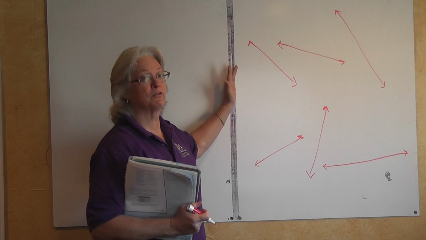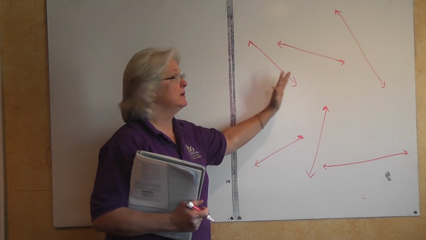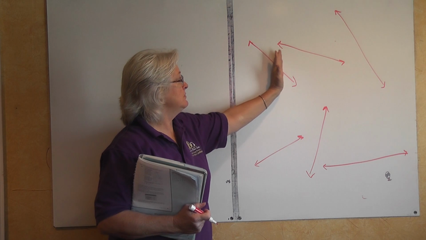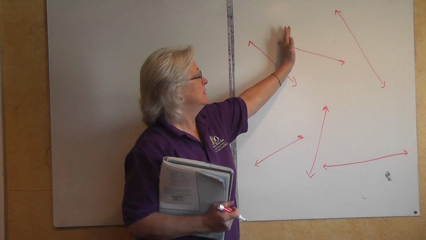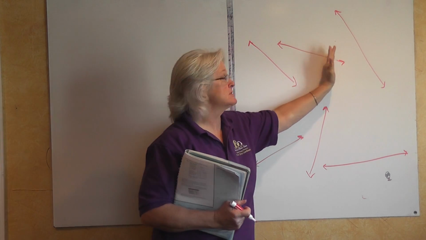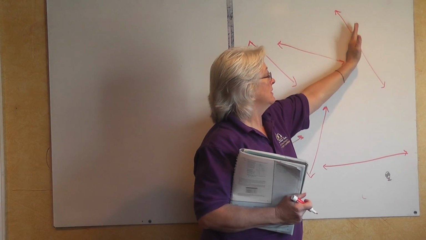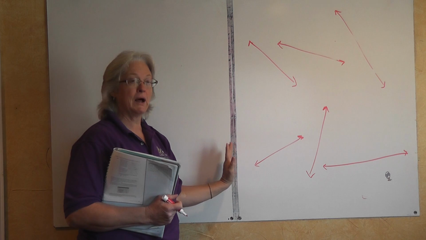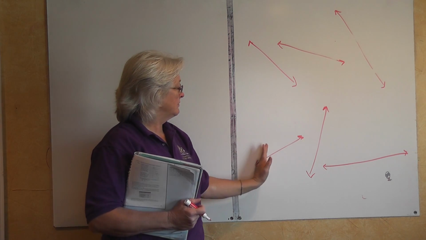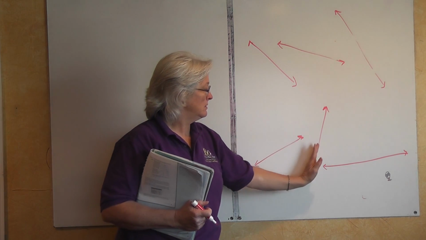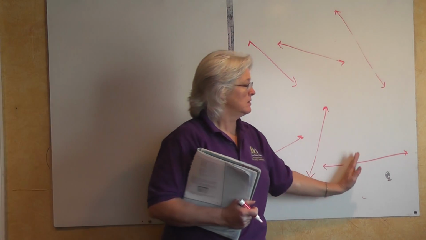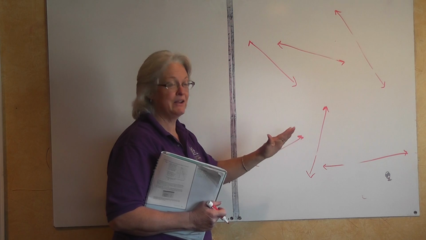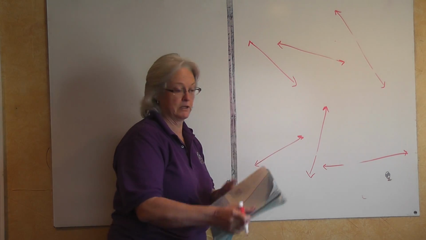As you move from left to right on your x-axis, if the line moves down, that's a negative slope because that line is dropping. As you move from left to right, if your line goes up, those lines have a positive slope because the line is increasing.